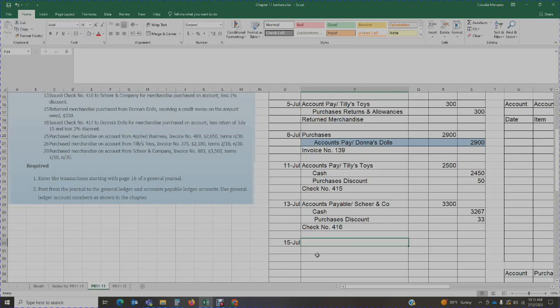Okay, we have accounts payable, Donna's Dolls, and the amount of the return is $350. And now we're going to go ahead and offset that against purchases, returns, and allowances.